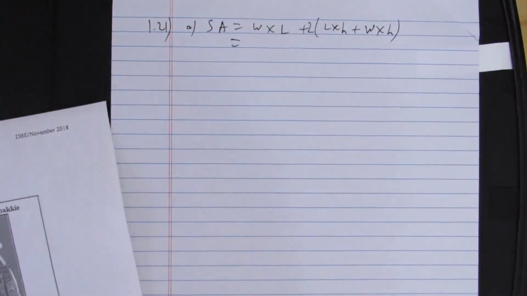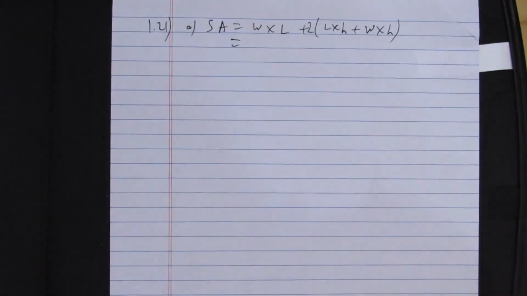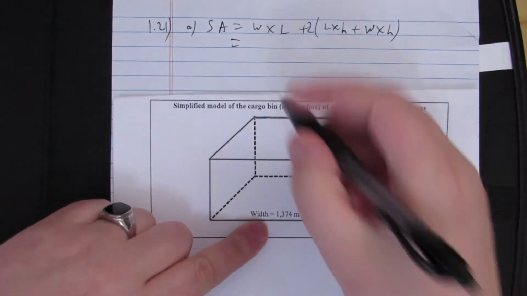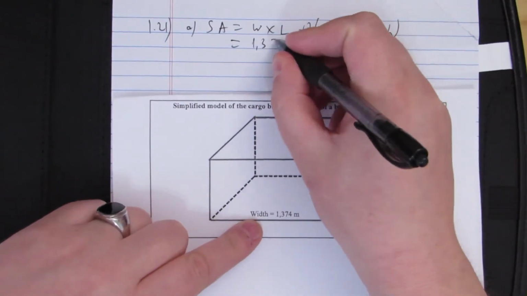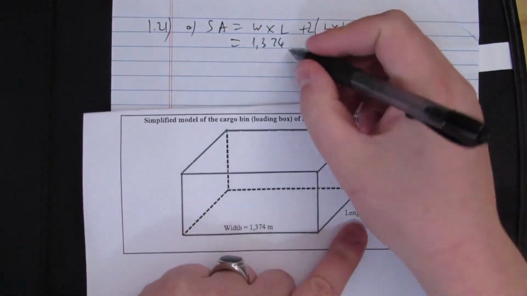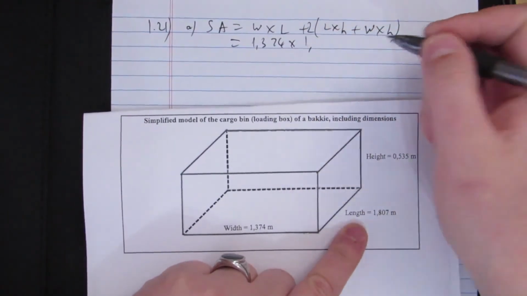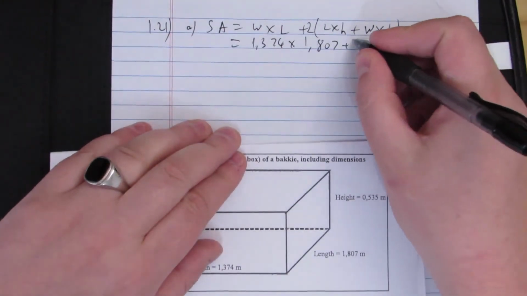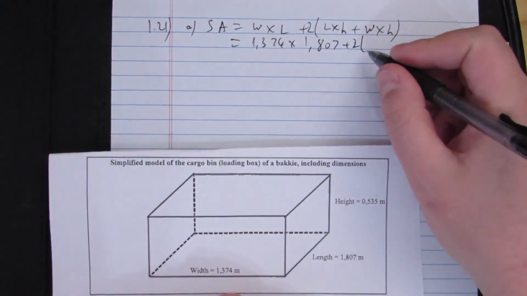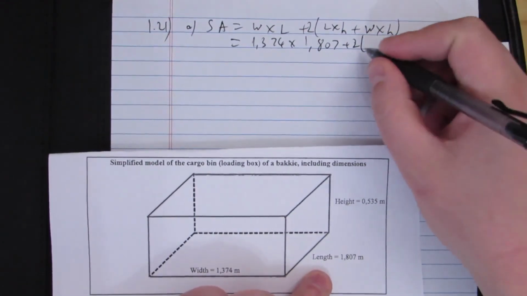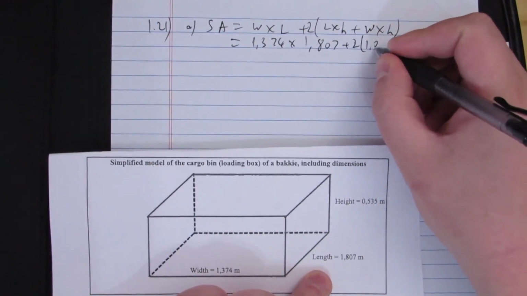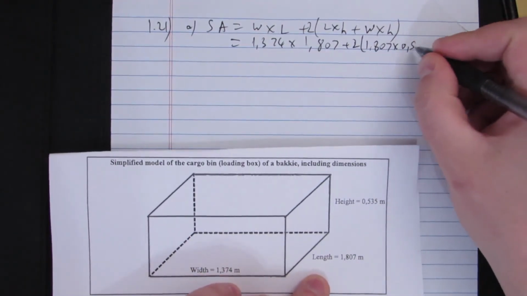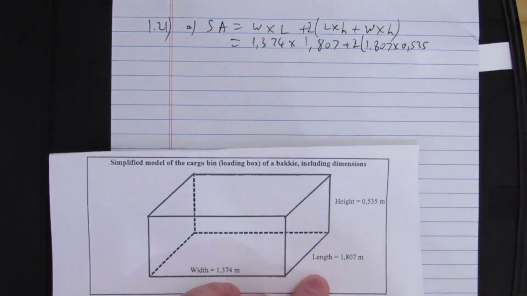Let's read that off my dimensions here. Width 1.374 meters. My length is 1.807. Then plus 2 times length times height. So length 1.807 times my height 0.535.